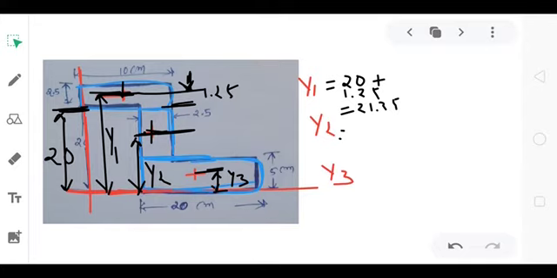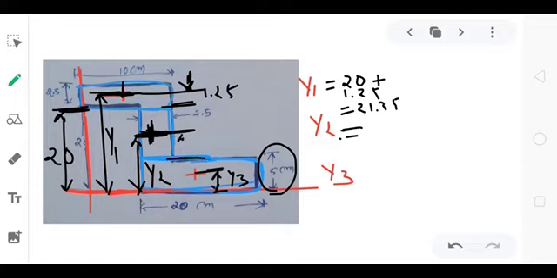Now where will be the y2? The y2 will be at this point, so we have to find the height of this point. This 5 cm is given, so this much height we have is 5 cm.